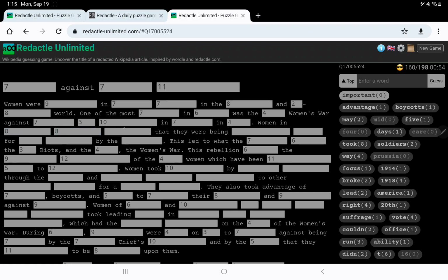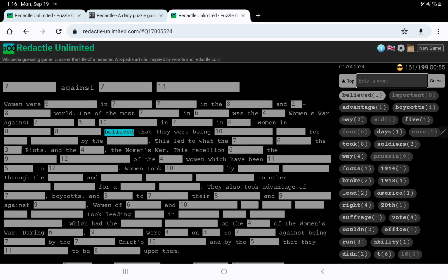Women in 8-8-8 maybe believed that they were being 10-5 for 4-8 by the 7. This led to what the 7-6, the something riots, and the 4, the women's war.